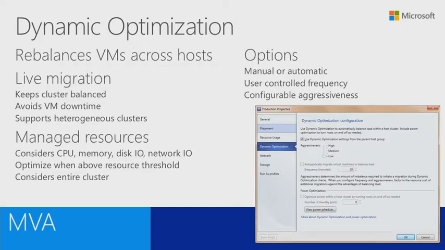It does this, of course, using live migration for no downtime. And you have options to configure its aggressiveness, which means what type of thresholds do you want to set? How often do you want to live migrate? The more aggressive you set it, the more live migrations there will be, but the more balanced the cluster will be. Now, there was a feature in our old version of System Center called Performance and Resource Optimization that essentially did the same thing. It would look for thresholds, and then it would go and perform actions and rebalance the cluster.